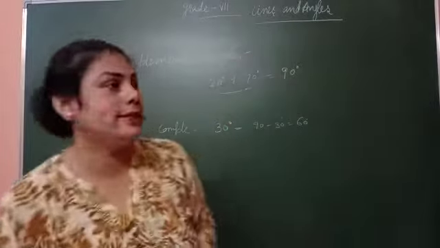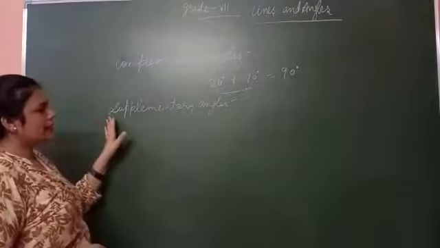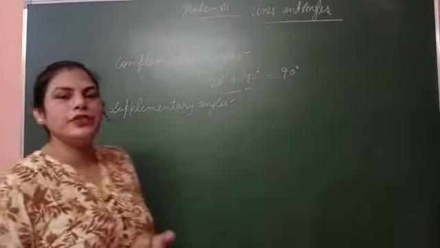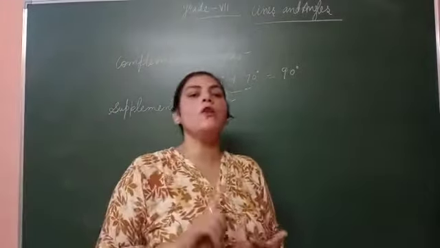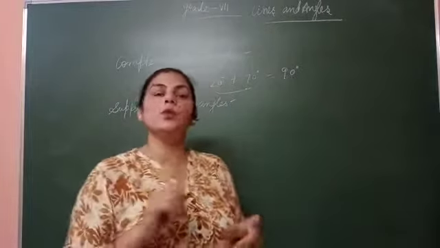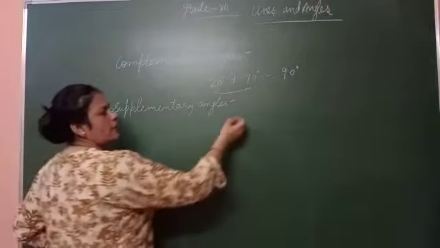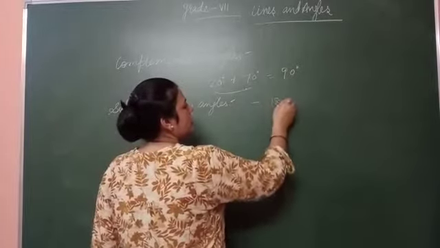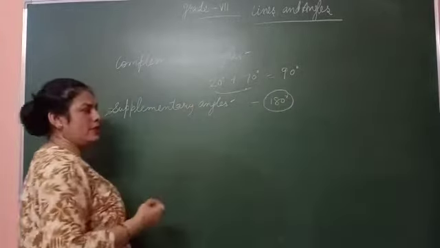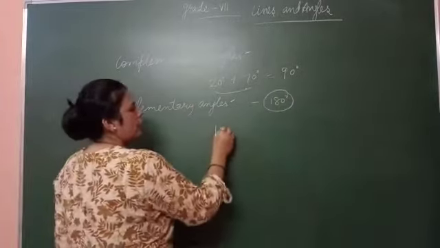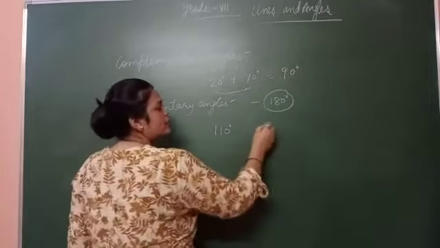Clear? Next is supplementary angle. What are supplementary angles? When the sum of the measures of two angles is 180 degrees. Clear? For example, if you have one angle of 110 degrees, then the other angle is 70 degrees.